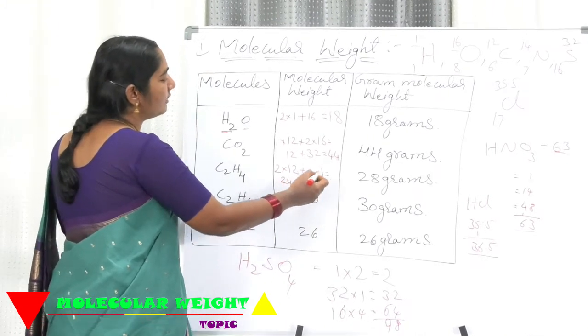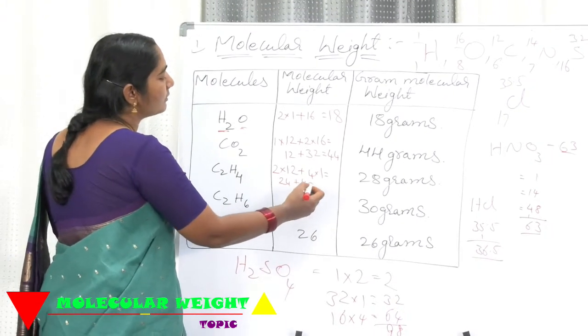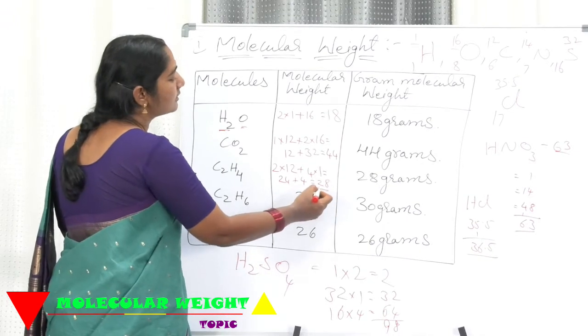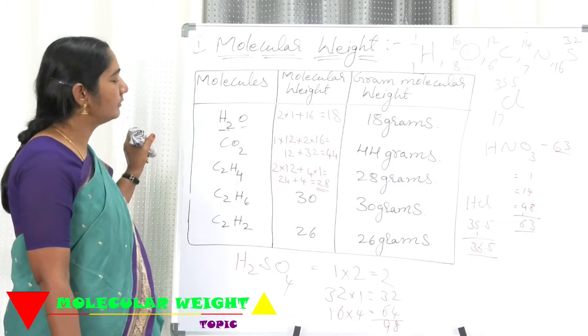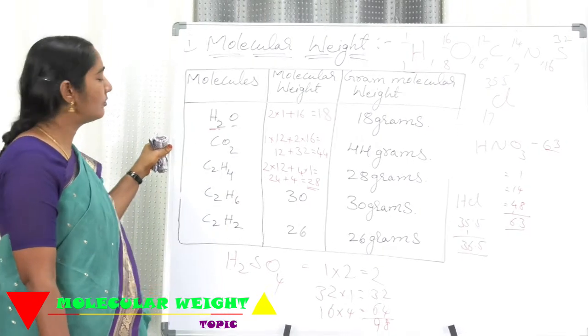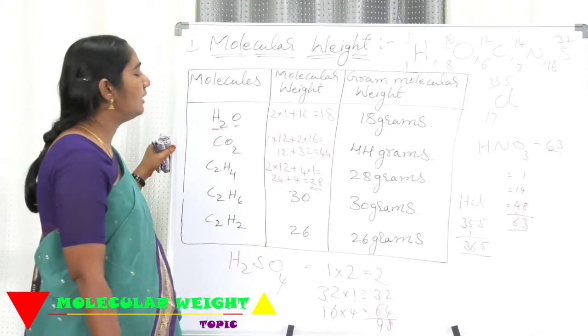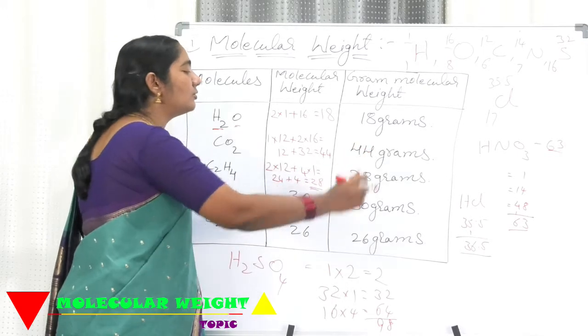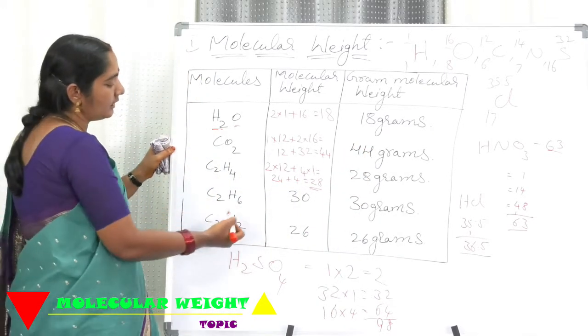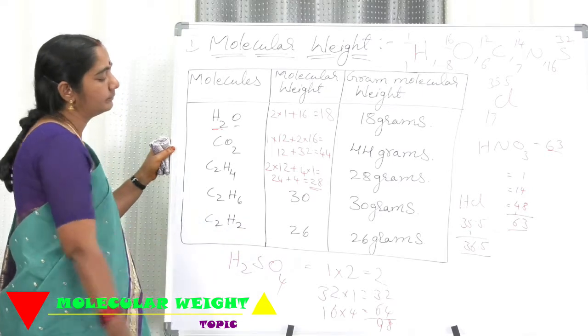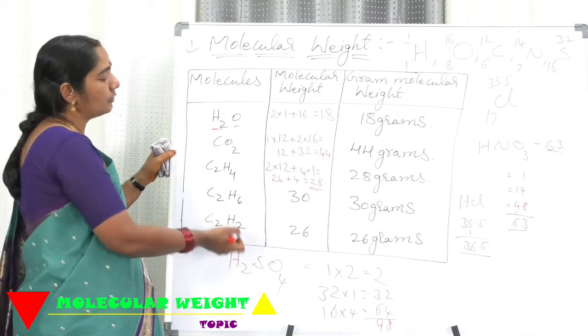Plus 4, so 24 plus 4 is 28. So 28 is the molecular weight of C2H4, and 28 grams is called the gram molecular weight. Similarly, you can do this for the next two, including acetylene. You will get the value.